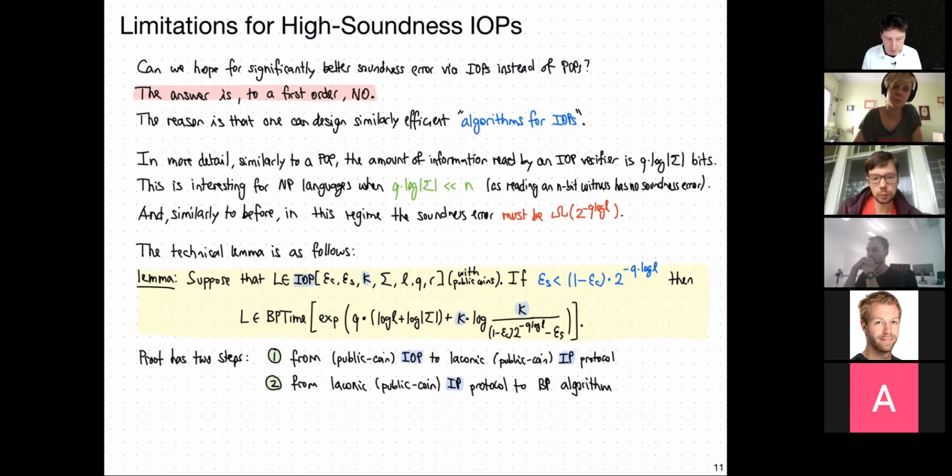Okay, so taking a step back, this IOP front of constructions is quite open, both in terms of the limits of positive constructions and what is not possible. This is just one such thing, but more generally, we don't have strong separations between PCPs and IOPs.